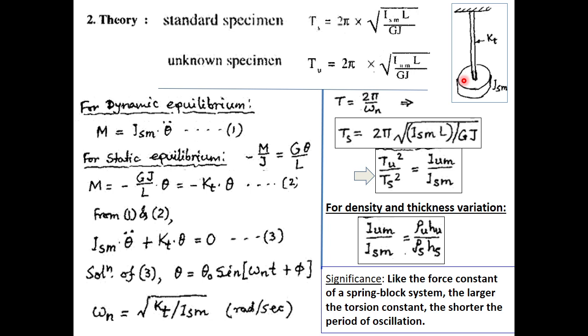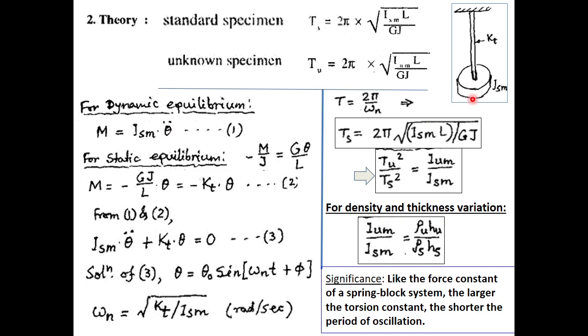Now, for translational motion, if a mass m is accelerating with an acceleration say f, then m into f becomes the dynamic force. Right? In angular motion, that force becomes the moment, and that moment is generated by the angular acceleration.